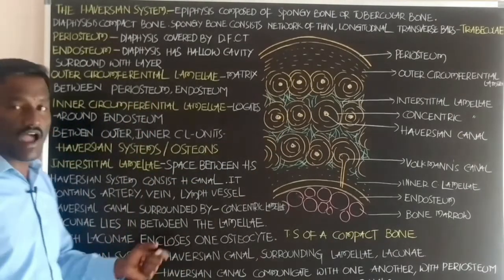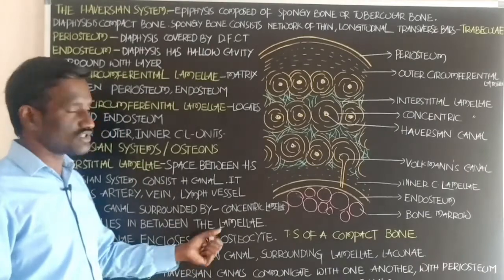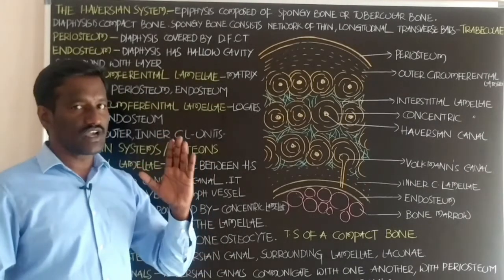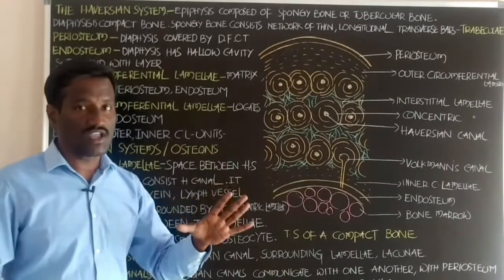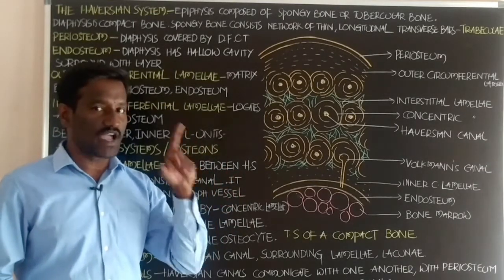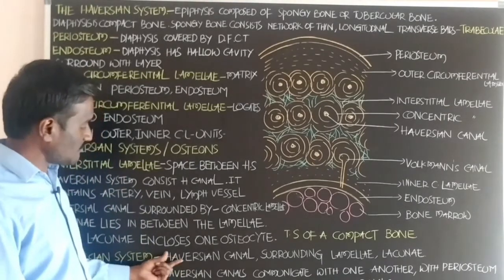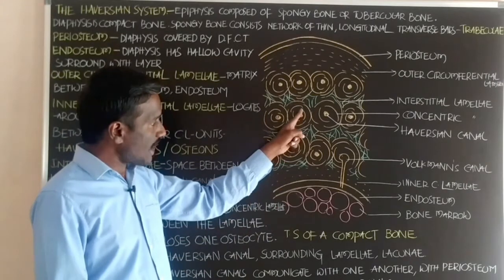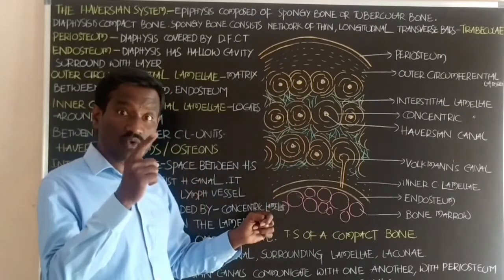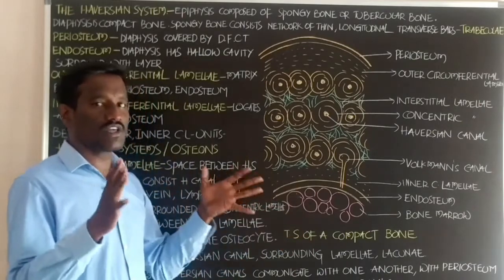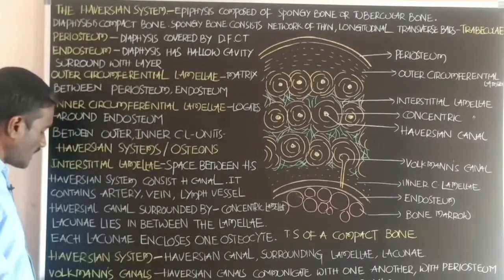Lacunae are spaces. Each lacuna encloses one osteocyte, a type of bone cell. So the Haversian system means the Haversian canal with surrounding lamellae and lacunae enclosing osteocytes, which together form one unit called the Haversian system, or osteon.